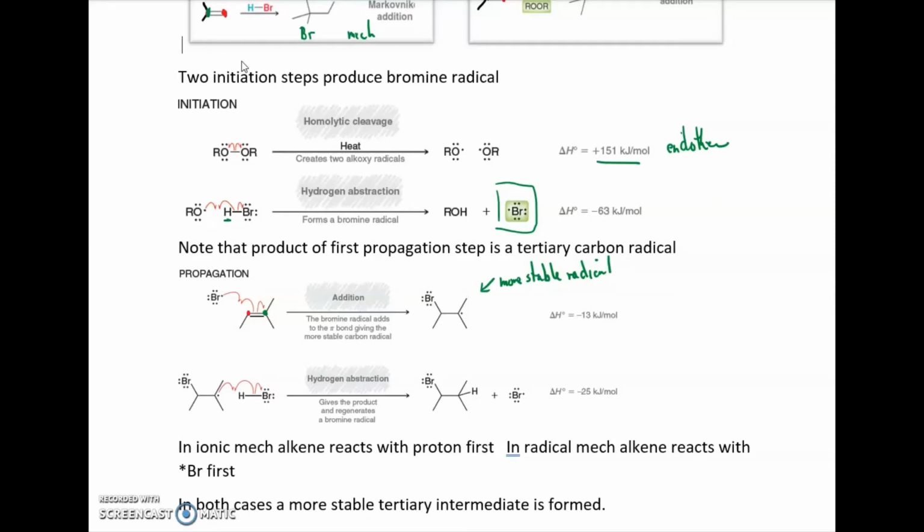And then we get rid of this radical by reacting it with hydrogen bromide. And these are the propagation steps. They go over and over and over again because we regenerate our radical here so that it can come back up here and repeat the process. So you're trying to make stable intermediates, and that's why in this case the bromine goes to the less substituted.